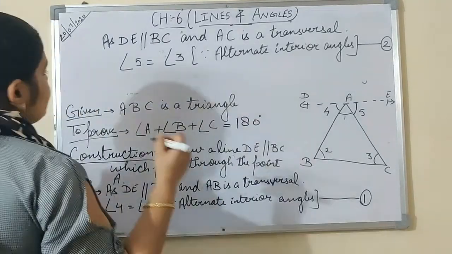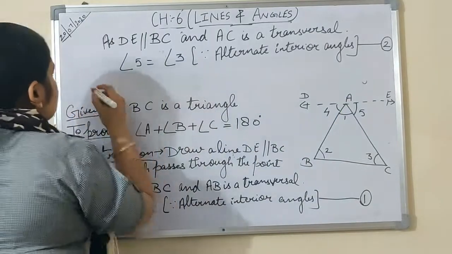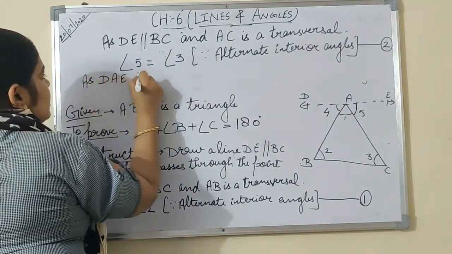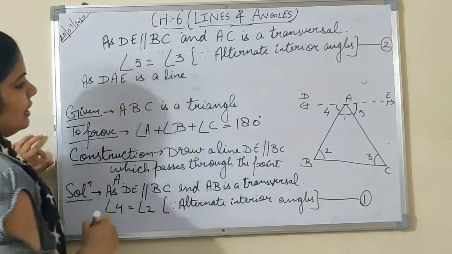Now, what else can we write? As DAE is acting as a line, what can I write?